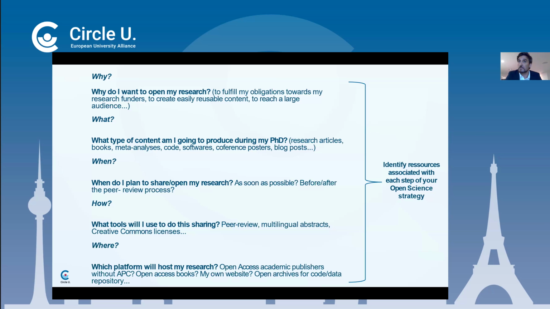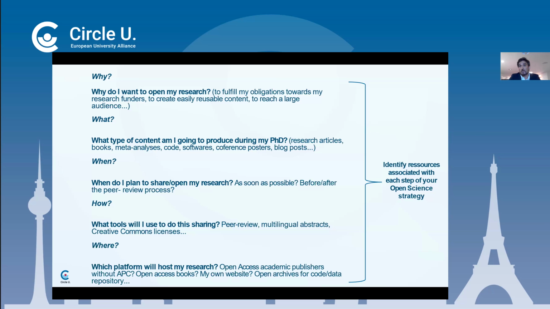That means the document could be written, for example, in English, and also in the native language of a country. So I think it's a good idea to promote multilingualism. And we've also discussed today the Creative Commons licenses, which are different types of licenses that allow the person sharing some materials to determine how this material should be shared.